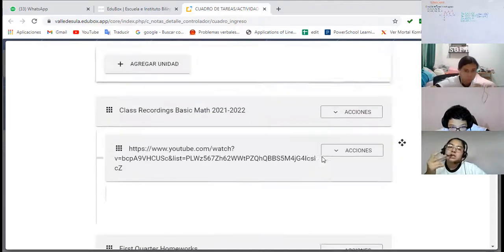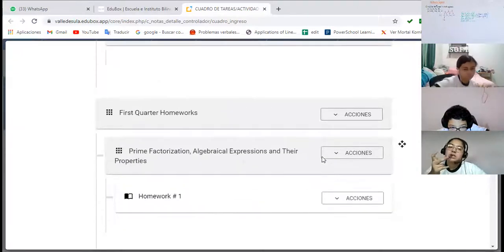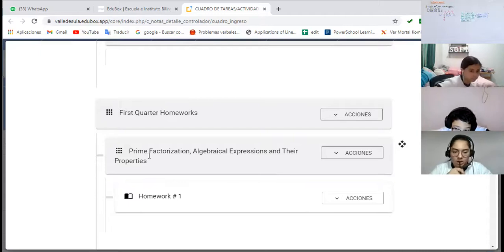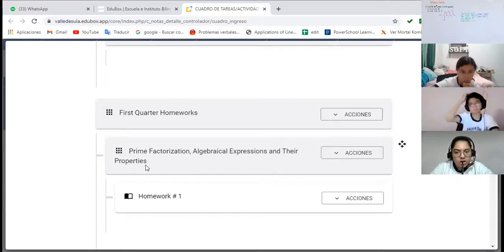And moving down this lesson, you're going to see the first quarter homework, okay? This is the name of the lesson, or the topics included in this lesson: algebraic expressions, prime factorization, algebraic expressions and their properties. When I say their properties, I mean the distributive property, commutative property, associative property, and identity property.